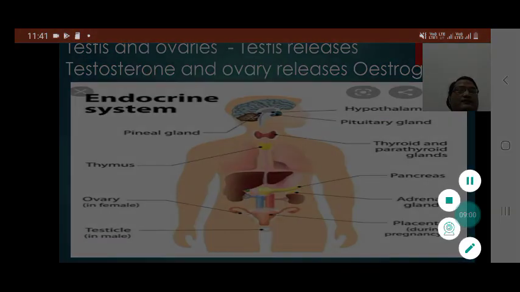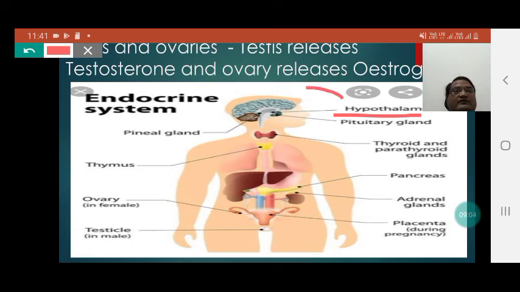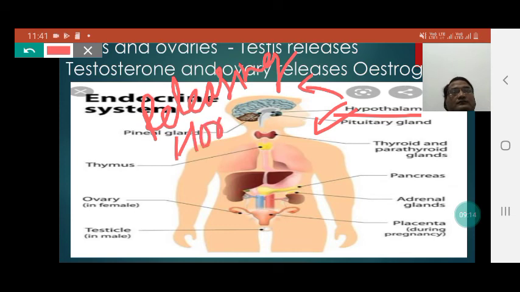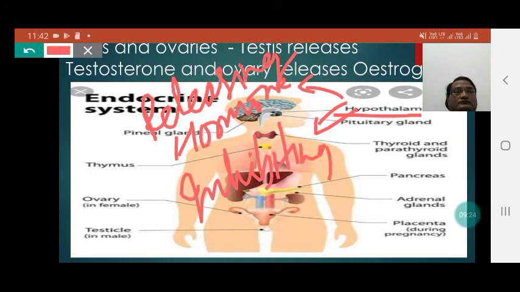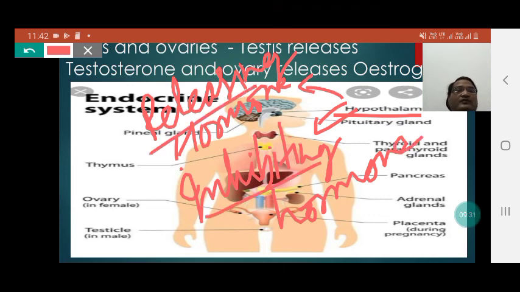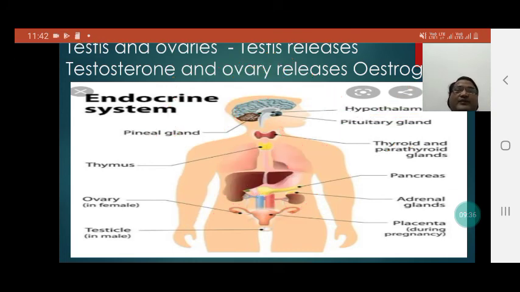So students, hypothalamus releases two different types of hormones, which are releasing hormone and inhibiting hormone. So students, releasing and inhibiting hormone is also released from the hypothalamus, which is a type of endocrine gland.